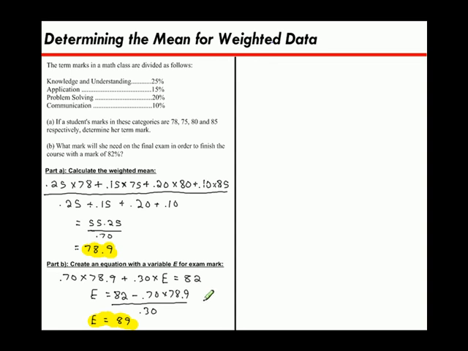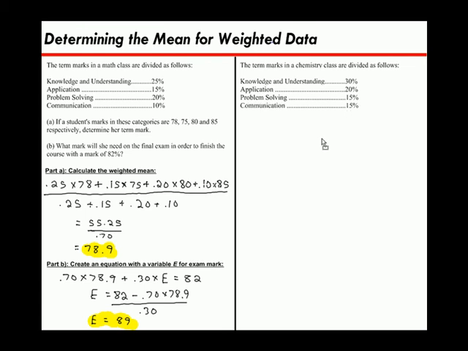So let's get you to try a problem now using the same steps. Let's give you a chemistry class. The term marks in a chemistry class are divided as follows. Knowledge and understanding is 30%. Application counts for 20%. Problem solving counts for 15%. And finally, communication counts for another 15%.